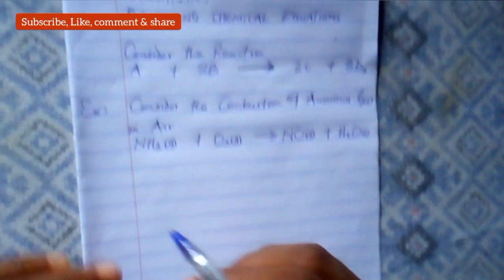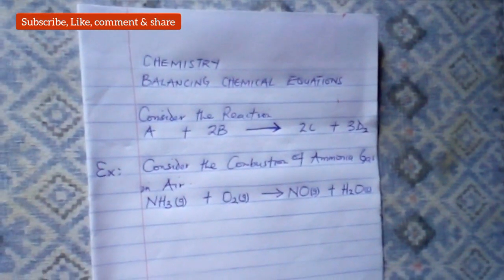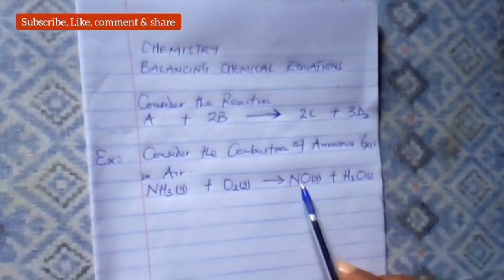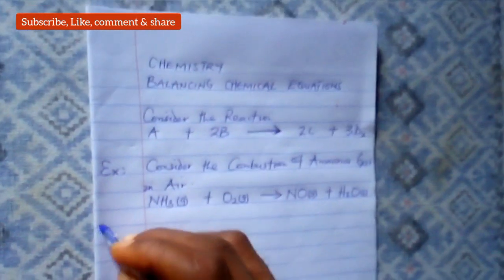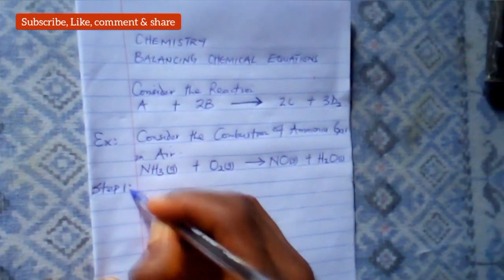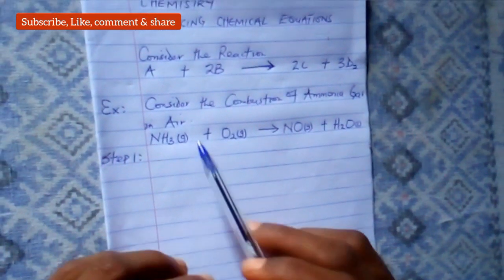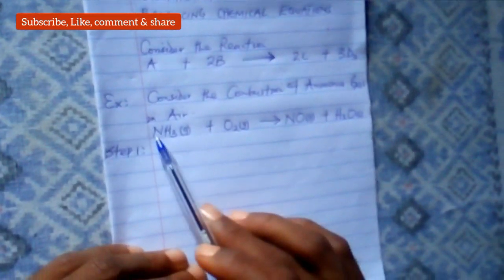So back to our example. Considering the combustion of ammonia gas in air, we have the products as nitrogen monoxide and water. So step 1, we have to do an atom check. Remember, both of these are the reactants, while both of these are the products.